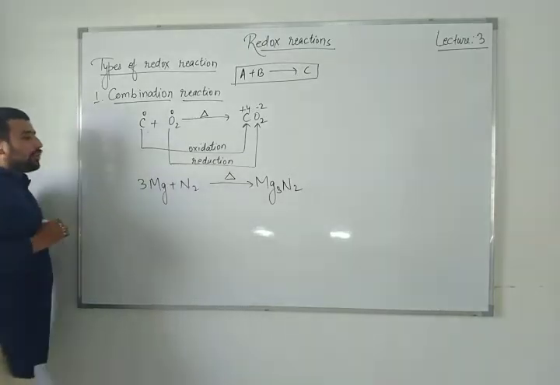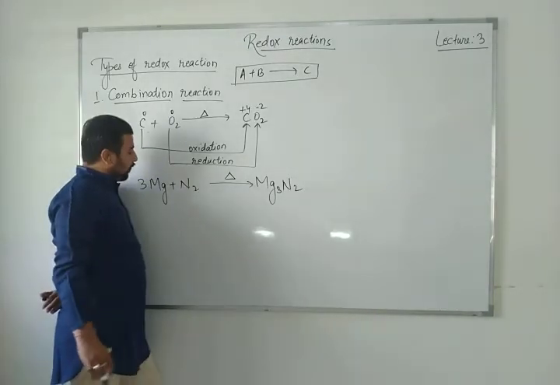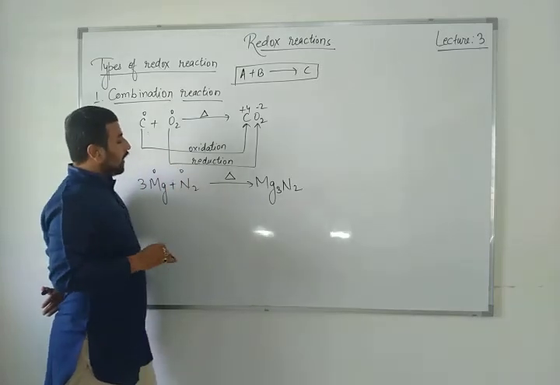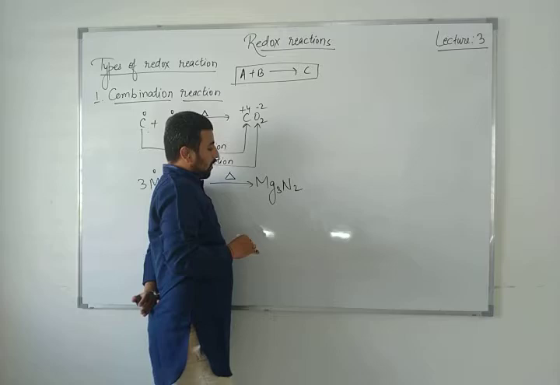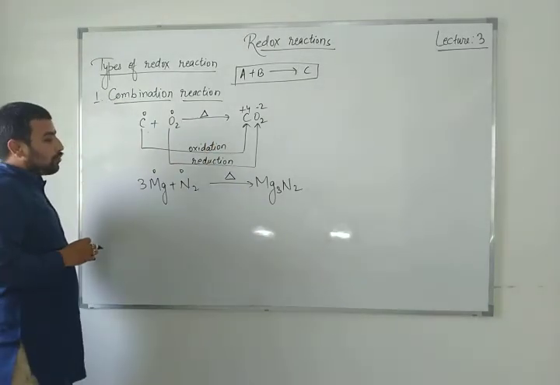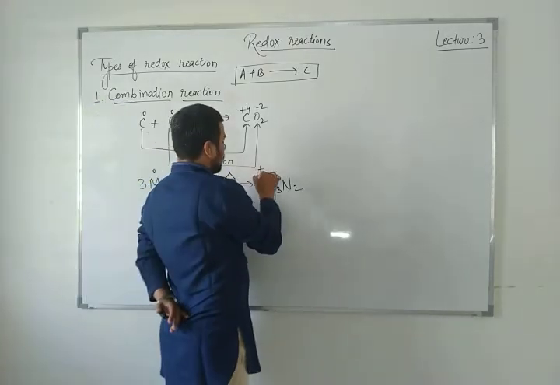Okay, Mg3N2. Now here both the elements are in the zero oxidation state. You should remember that magnesium is here in the +2 oxidation state and nitrogen is in the -3 oxidation state.